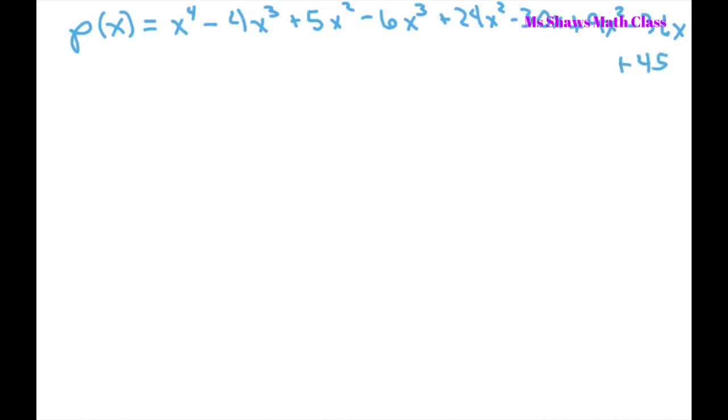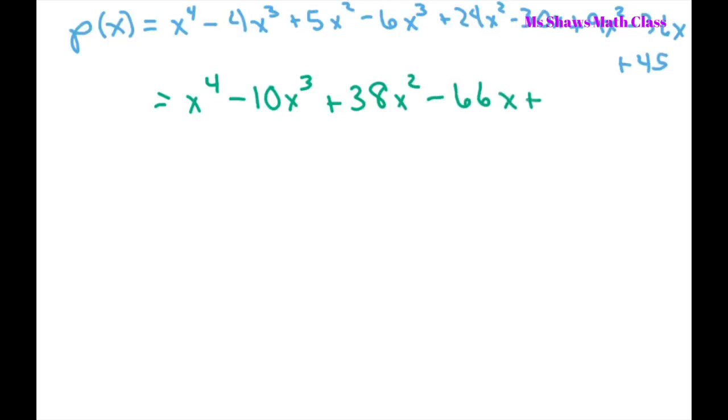And then if you collect like terms, that's going to give you x to the 4th minus 10x cubed plus 38x squared minus 66x plus 45.